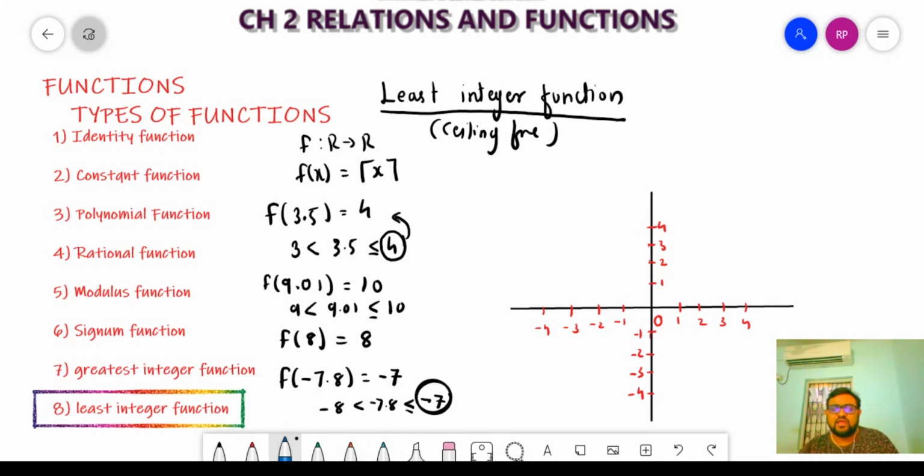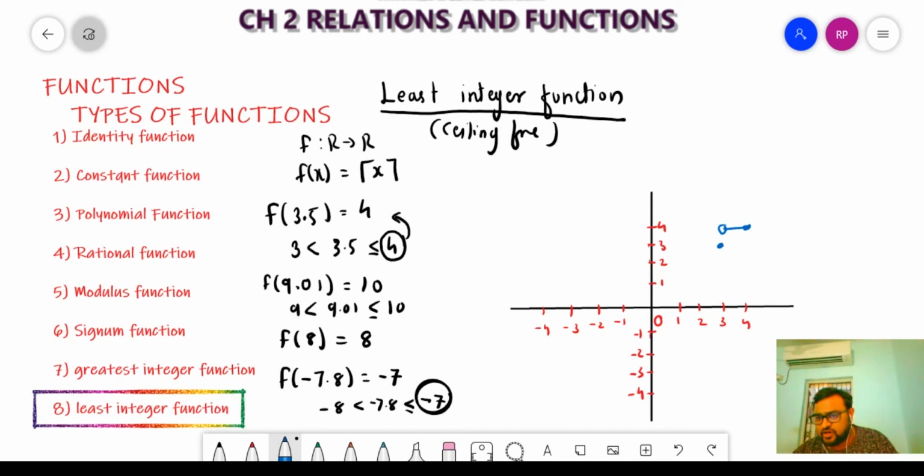So now if I draw a graph, then the hollow circle will be on the left and the solid circle will be on the right. Means see here 3.5. So all the values between 3 and 4, the answer will be 4. But for the 3, the answer will be 3. But for 4, it will be 4. So for 4, I am taking the solid circle here. Okay, for 3 it will be 3.